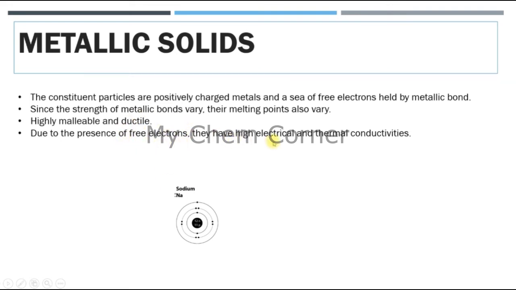Therefore, they have very high electrical and thermal conductivities, and that's why you have metal wiring in electrical equipment and all of that. It's because of these free electrons that help in conduction of electricity and also in thermal conductivity. So a classic example you can give is any metal: sodium, zinc, copper, any metal can be given.